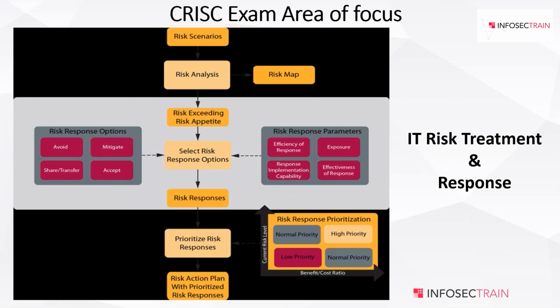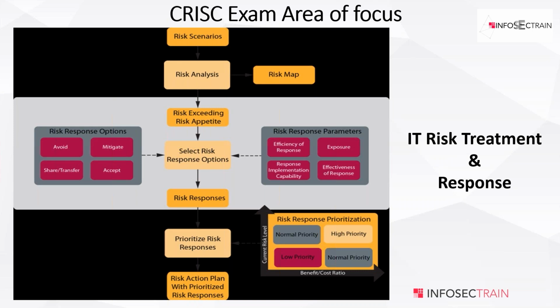Moving next, this one diagram covers overall IT risk treatment and response. You can see that after risk analysis and we have identified a risk map, there are two questions: whether the risk, which is analyzed by the way this time, is stepping over the risk appetite identified.